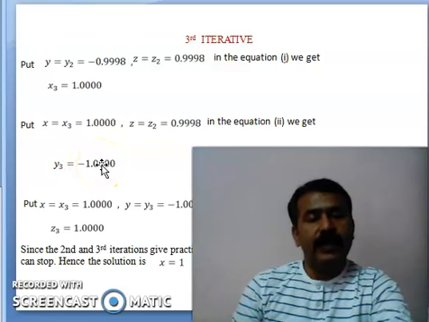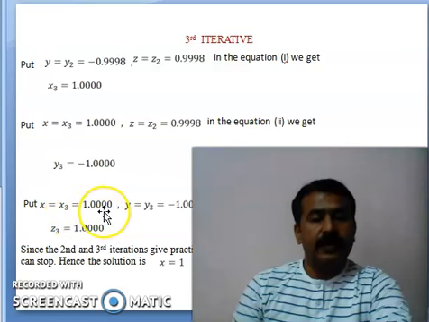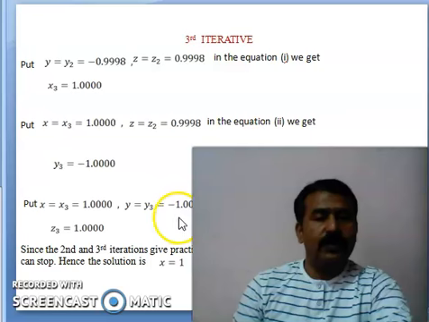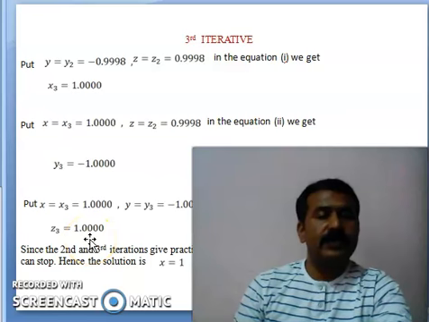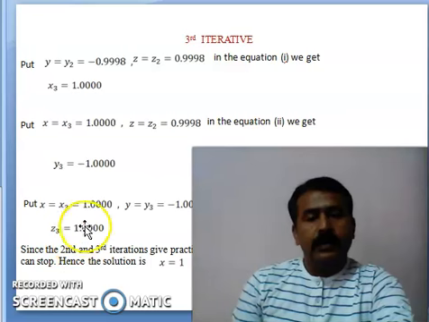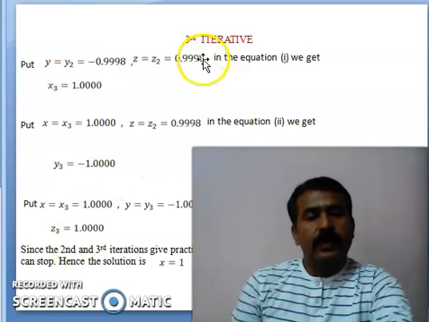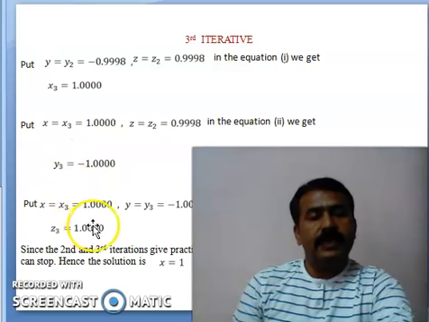For finding the value of z3, putting x equal to x3 equal to 1.0000 and y equal to y3 equal to minus 1.0000 in the third equation, we get z3 equal to 1.0000. So we have the values x3, y3 and z3.